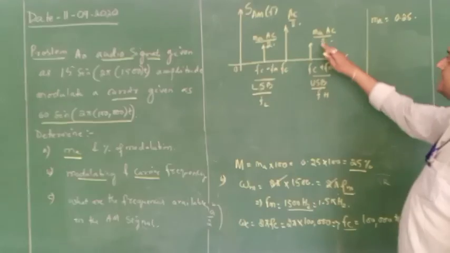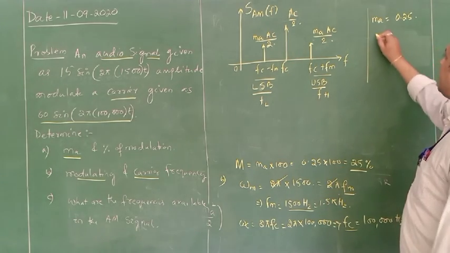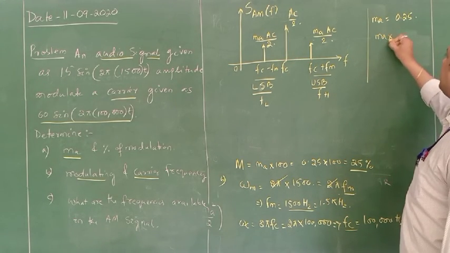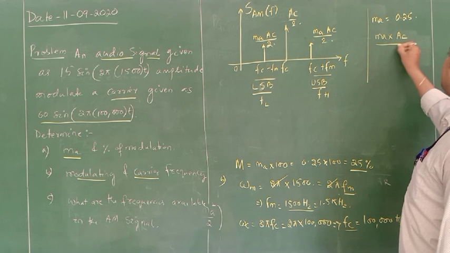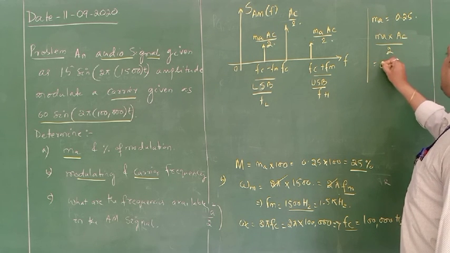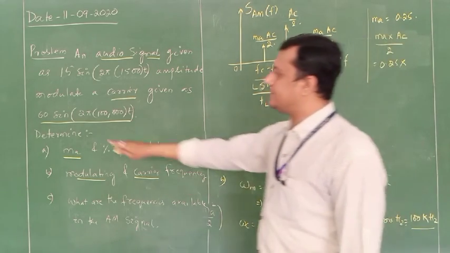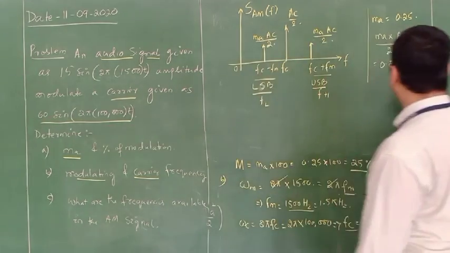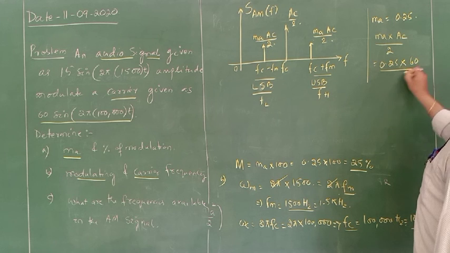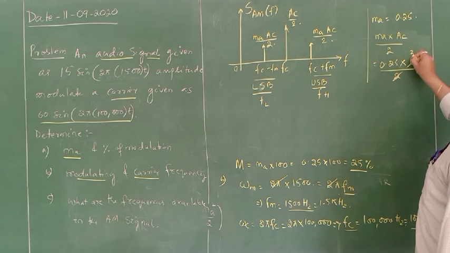So what is the amplitude over here? I will find out Ma into Ac divided by 2. Ma is 0.25. Ac amplitude is 60. Carrier amplitude is 60 divided by 2, so this is 30.